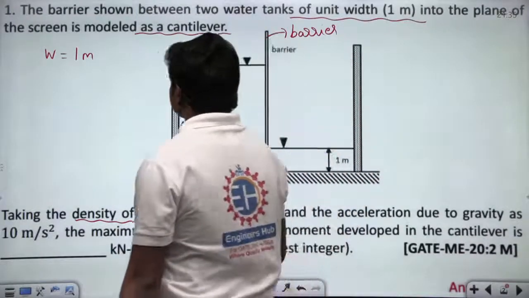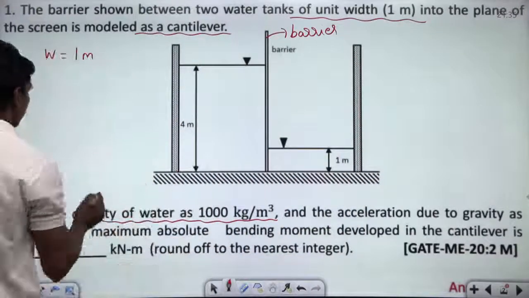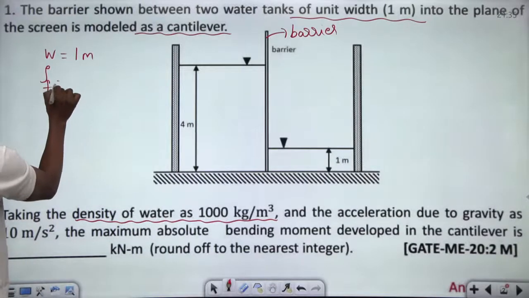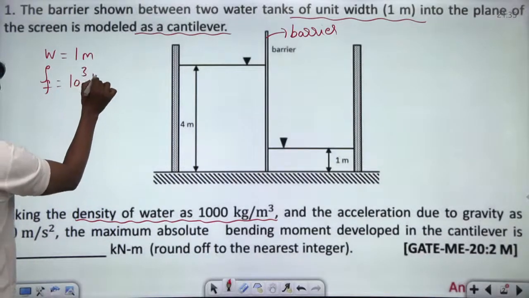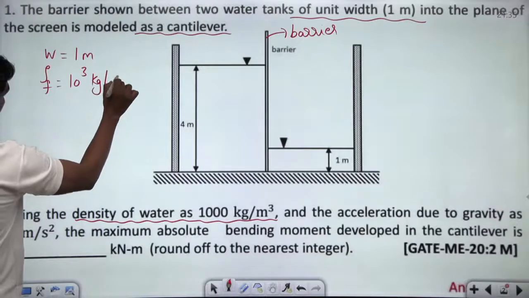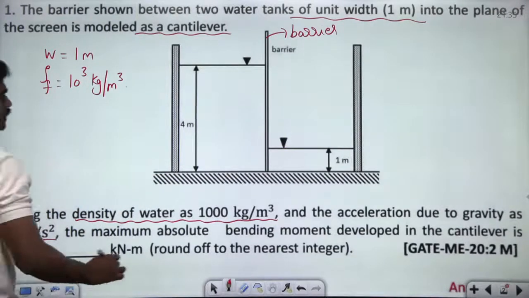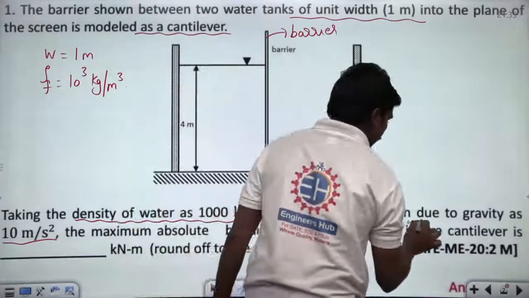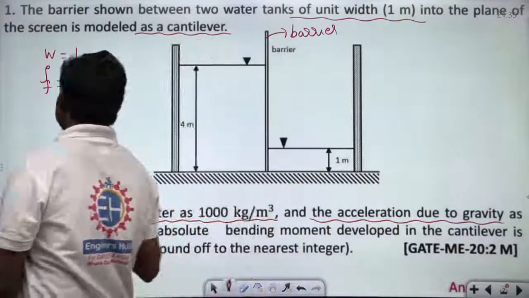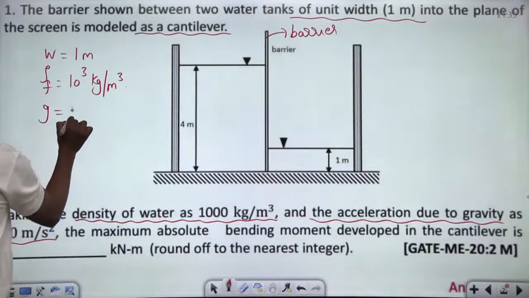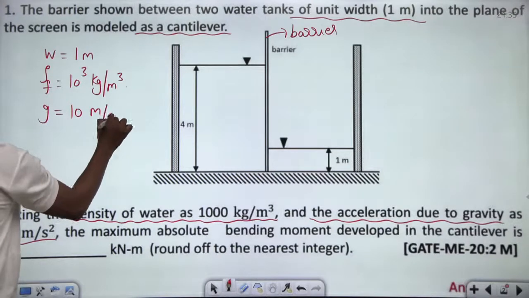So this is the cantilever. Then the density of the fluid is 1000 kg per meter cube. Then the acceleration due to gravity, g, is 10 meters per second square.